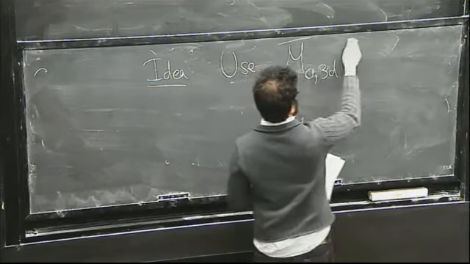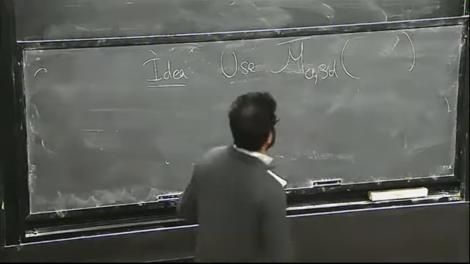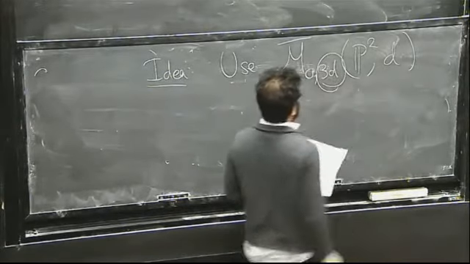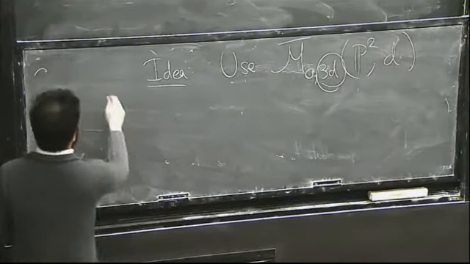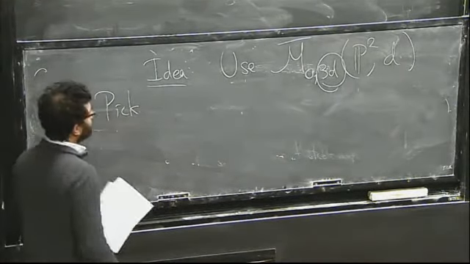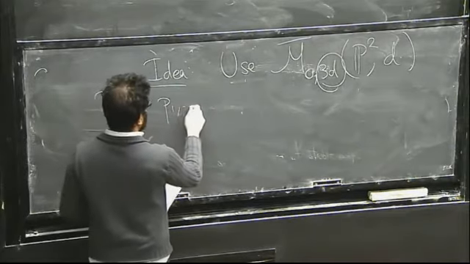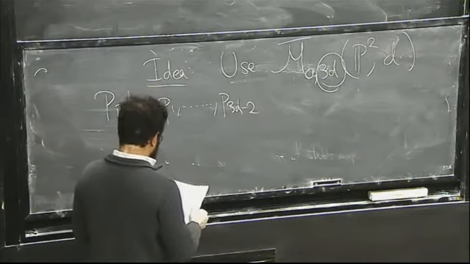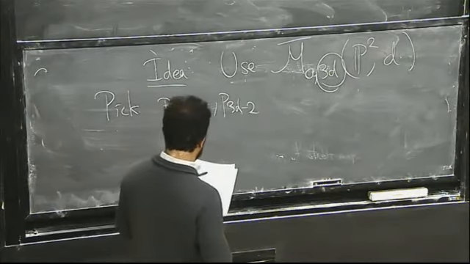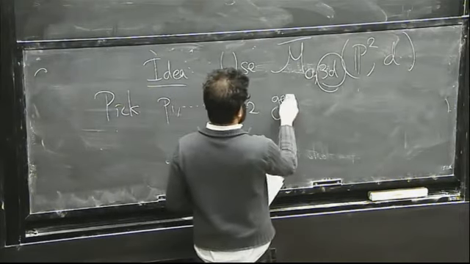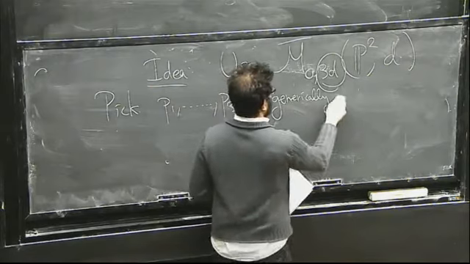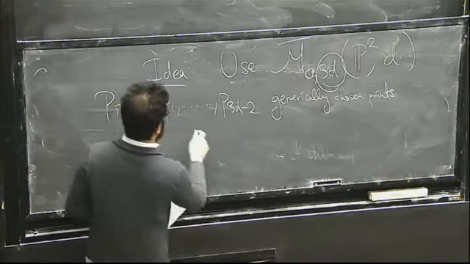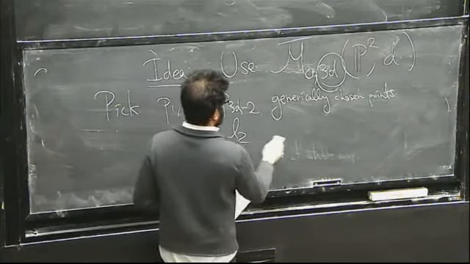I'm going to look at the space of stable maps where I have 3d marked points. And what I'm going to do is pick 3d minus 2 generically chosen points, and then 2 generically chosen lines.